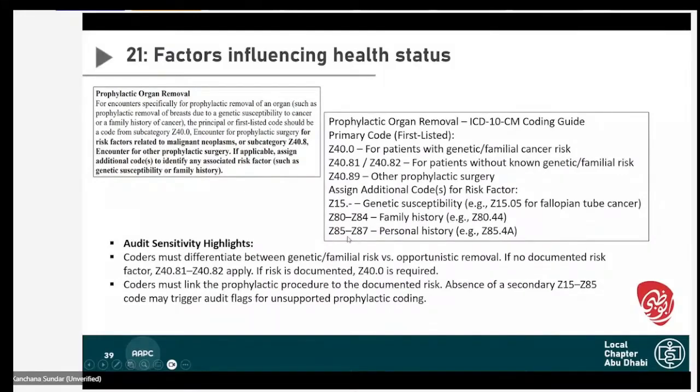Coders must differentiate between genetic, familial and risk versus opportunistic removals. And if documented, please ensure you're coding all the risk factors appropriately. Whenever there is a prophylactic procedure documented, please ensure you code all the categories, and this will definitely be important while coding. This gives added information about the patient.